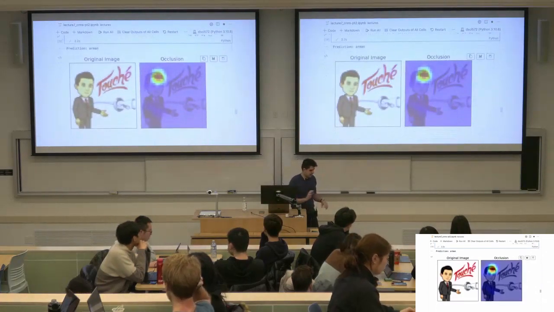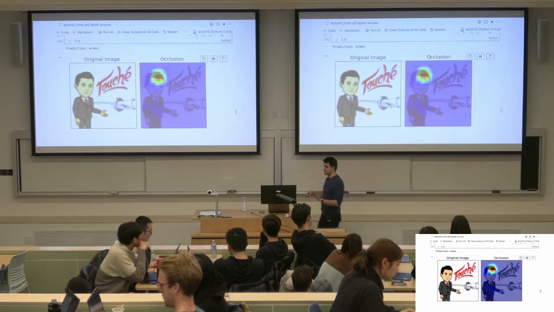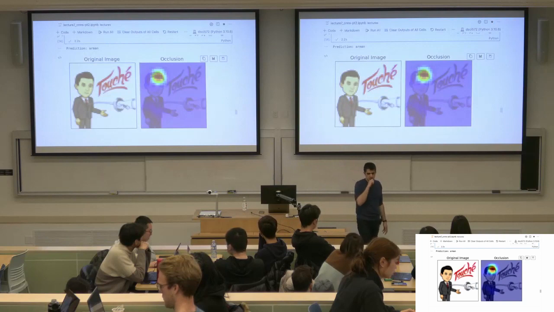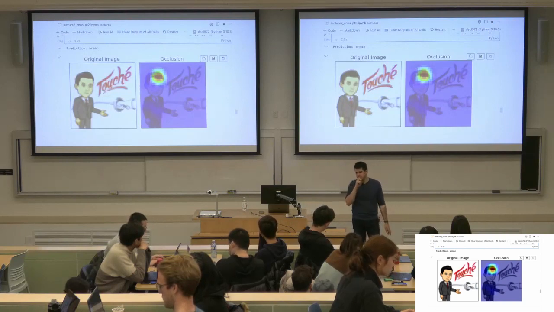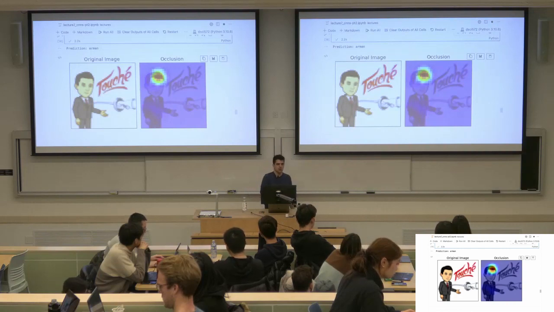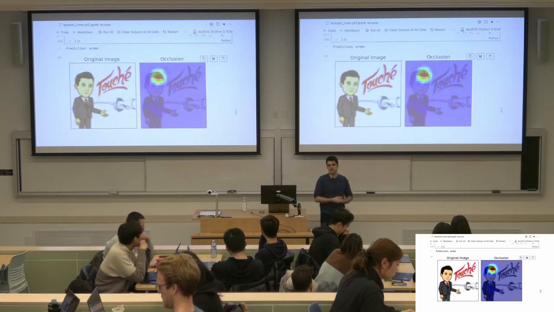And it places those squares of constant values over the image, and then looks at the output. And it starts noticing where the model changes its decision on the classification. What are the areas that if we cover those pixels, then the model, in most cases, changes its decision about the label of that class.